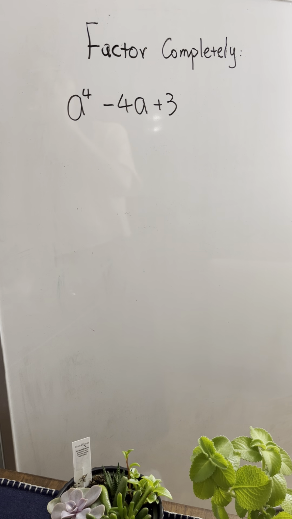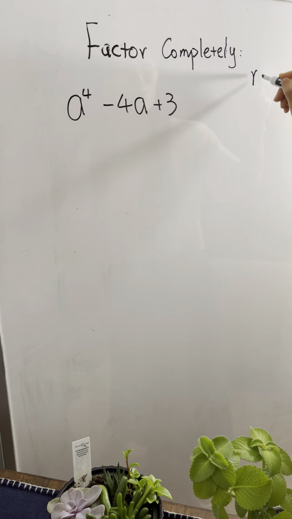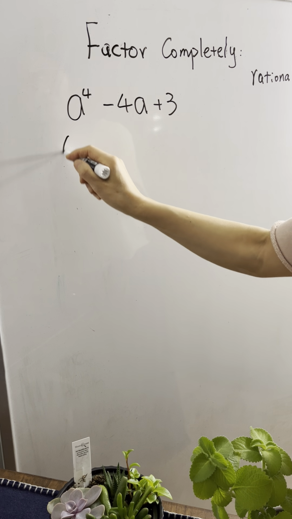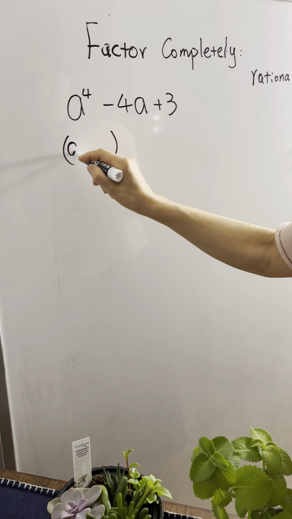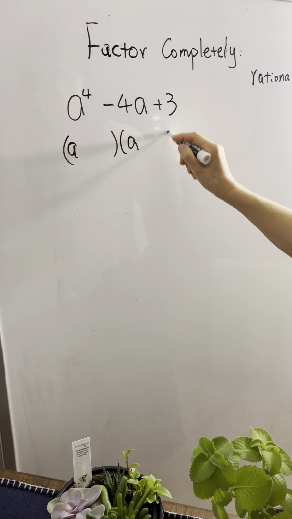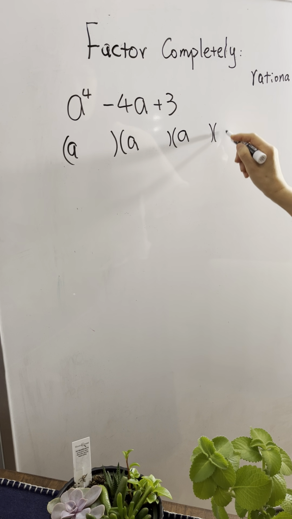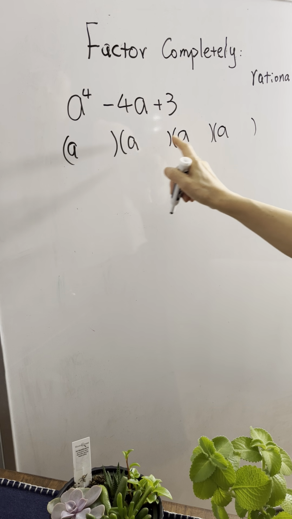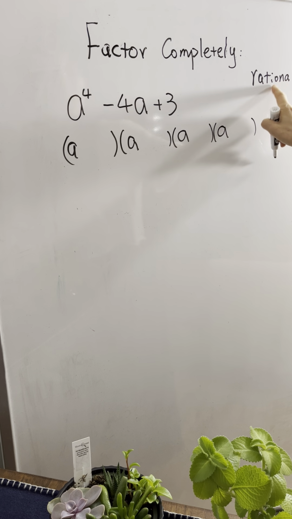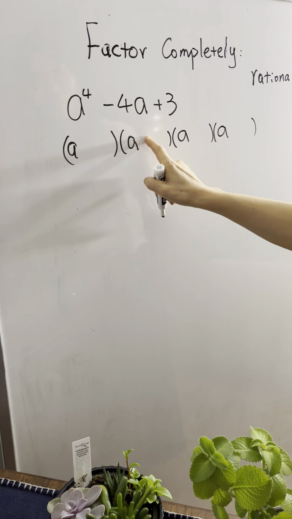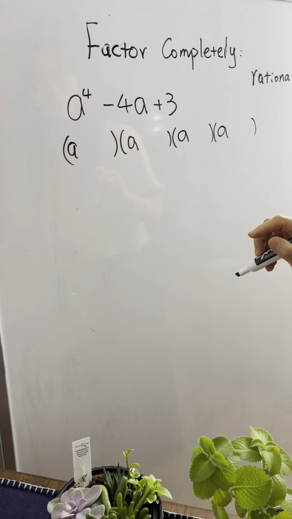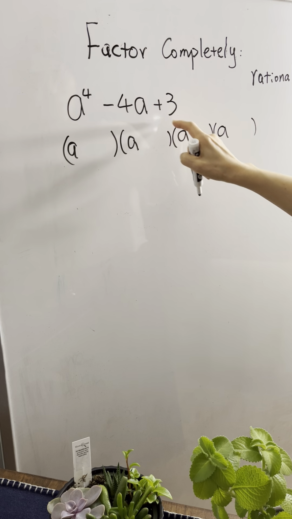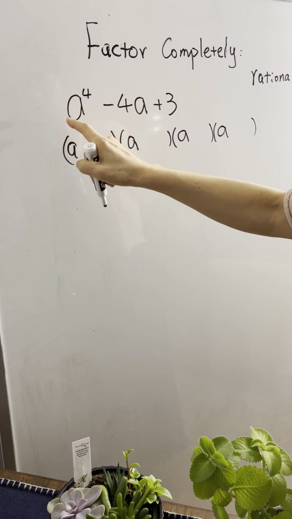So what do we do? We want to use the rational root theorem. The theorem says, just pretend, if we can factor this into 4 linear factors, all the factors come from the ratio of the constant term with the leading coefficient.